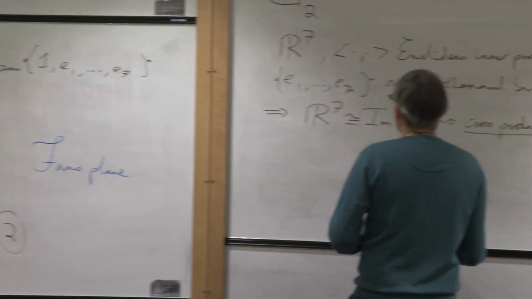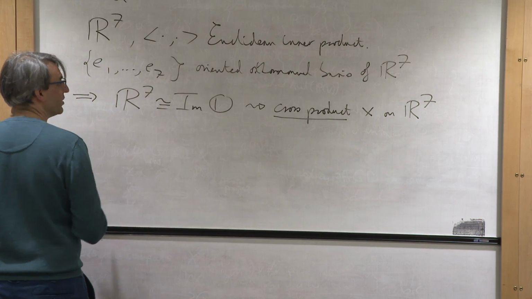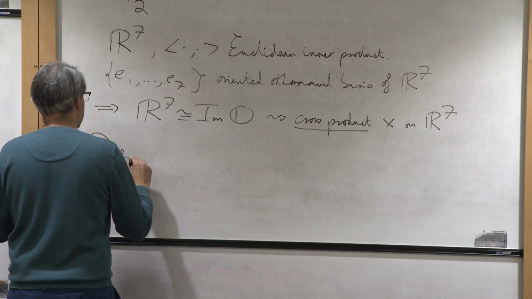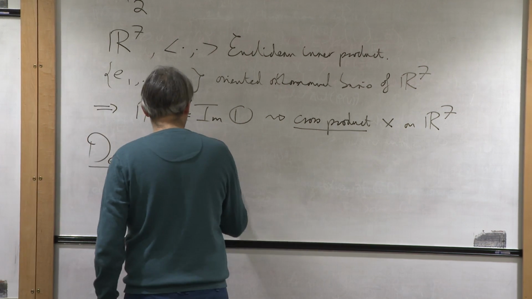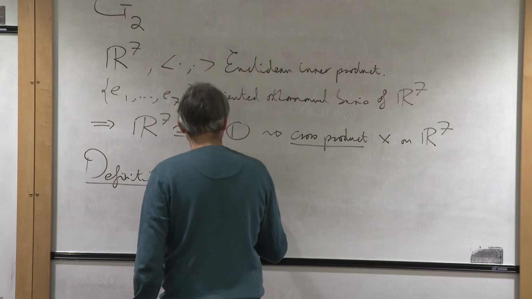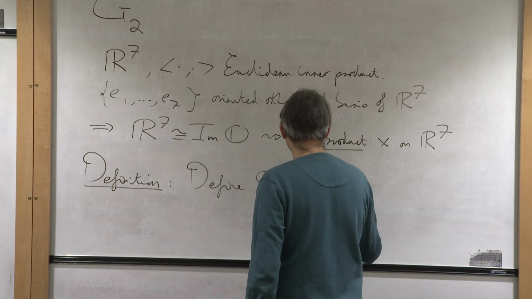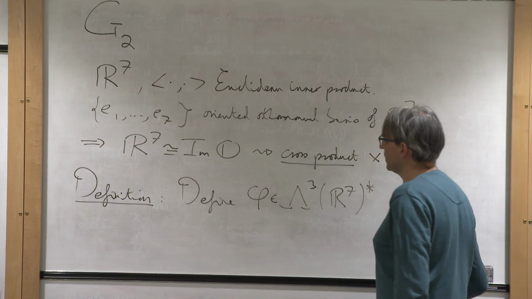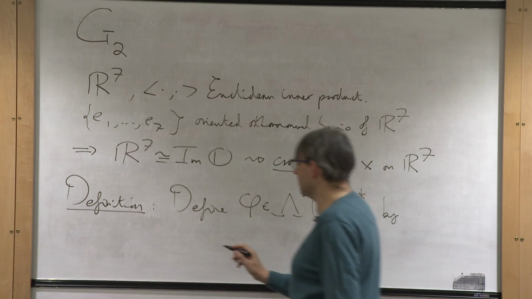And what this enables us to do is define a distinguished 3 form. This is the core definition that makes this all work: we define a 3 form, phi, an element of the third wedge power of R7 dual, by the following formula.